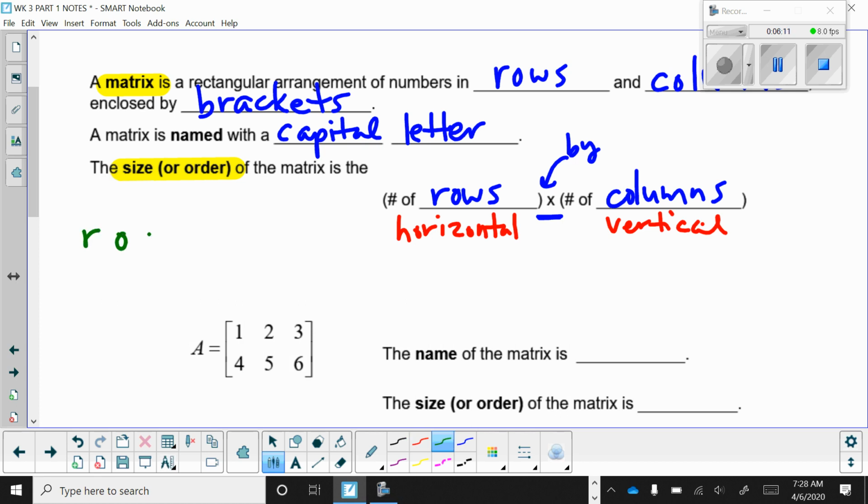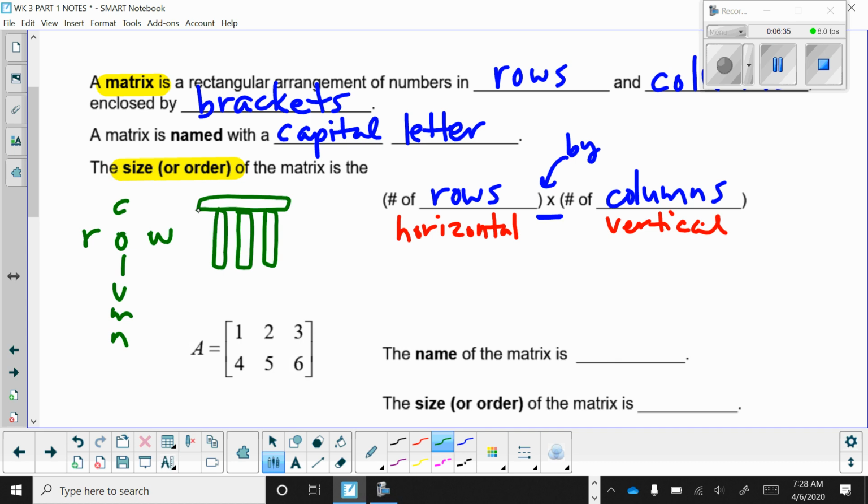Rows go across, columns go up and down. You can also think about the columns of a building, like in architecture, columns support structures, right? And they go up and down. So columns go up and down, rows go across.